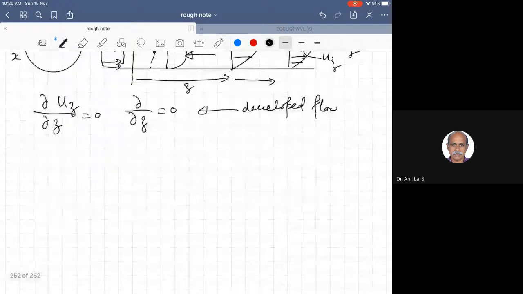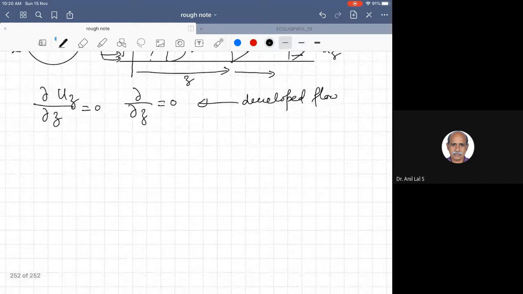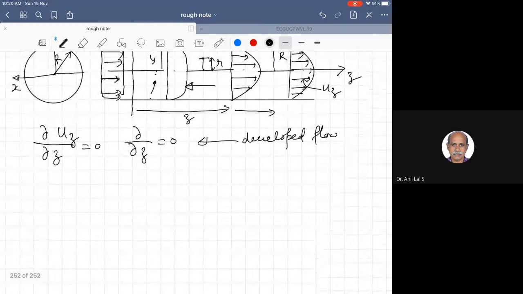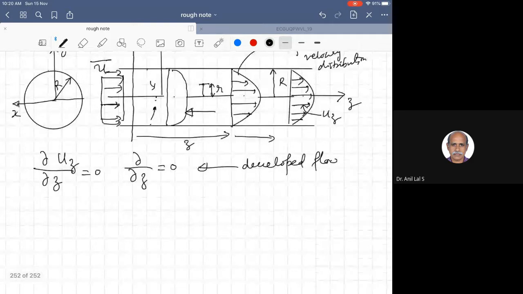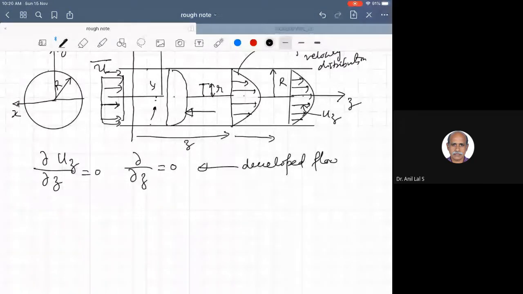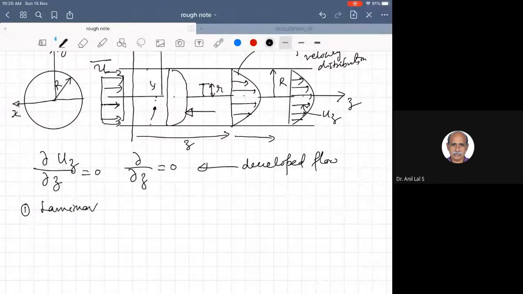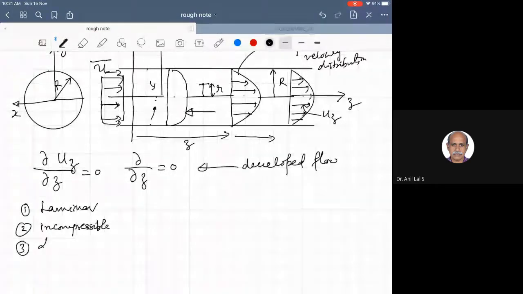So under this developed flow condition, and also the flow is laminar, incompressible, fully developed, and here I will write steady.